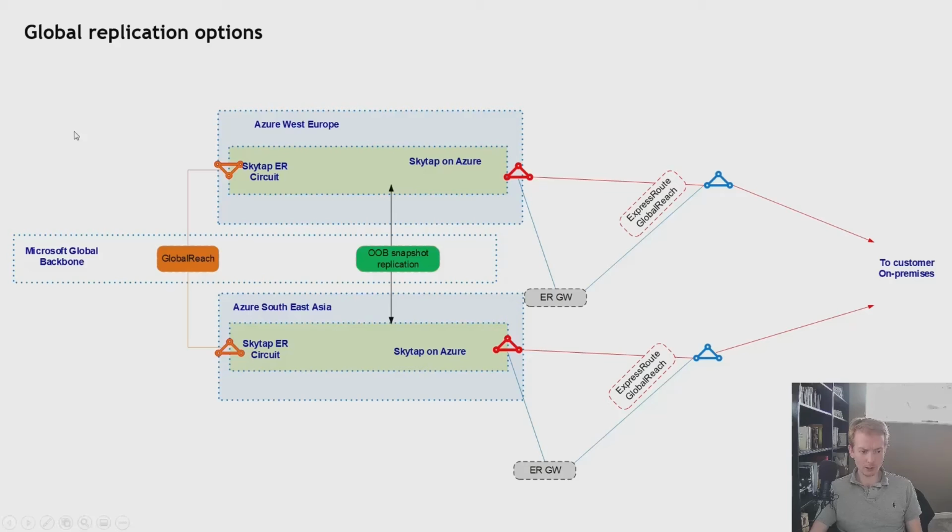So these orange circuits here will be premium circuits to go from West Europe to Southeast Asia. And we will again use the GlobalReach tool to connect those circuits and provide that path for replication on the front end. And again, the same sort of commercial model applies, which will incur cost both for GlobalReach and for the standing charge for the circuit.